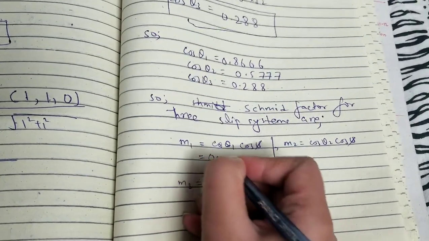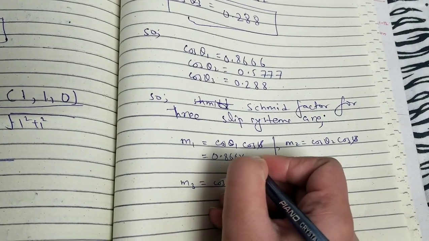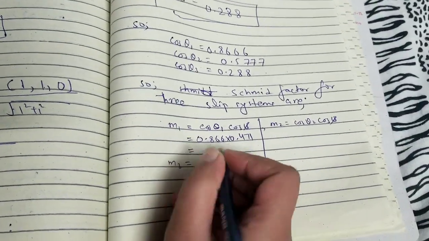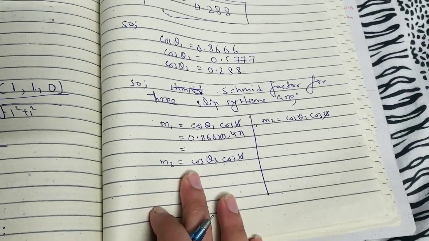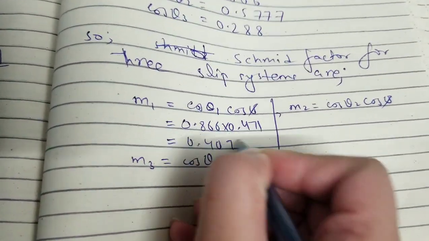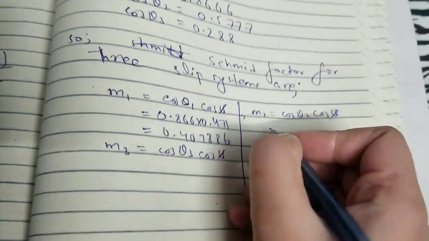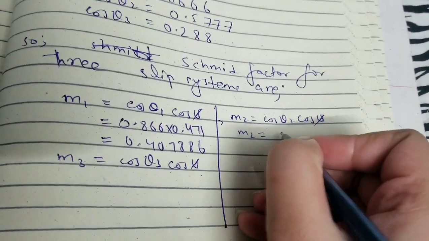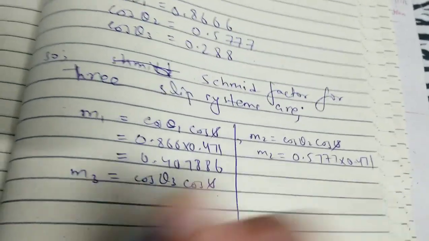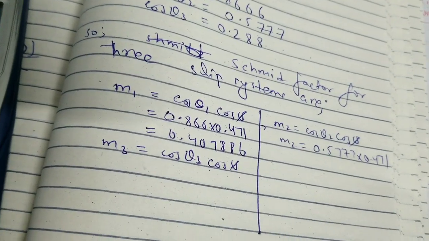Cos theta 1 is 0.86. We multiply it with 0.471 that we got for cos phi, and multiplying gives us 0.407886. And for cos theta 2 we'll multiply by 0.471, and we get the result.